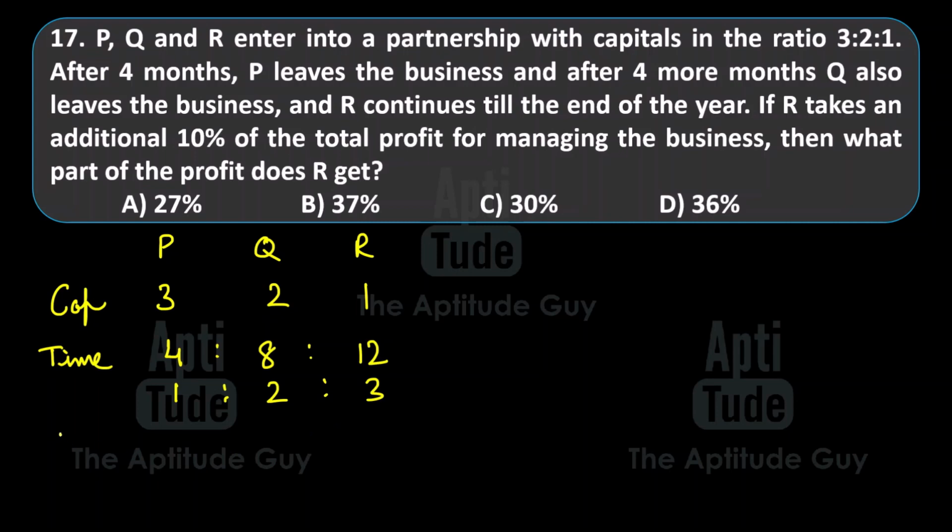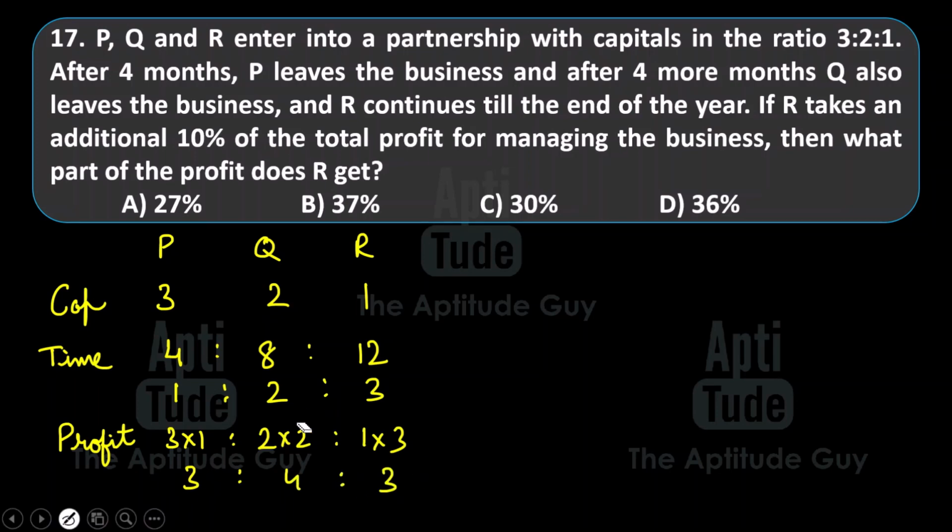So what about the ratio of the profits? The ratio of the profits will be 3 into 1 is to 2 into 2 is to 1 into 3. So we have 3 is to 4 is to 3. So the ratio of their profits is 3 is to 4 is to 3.